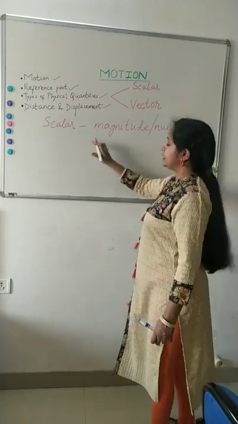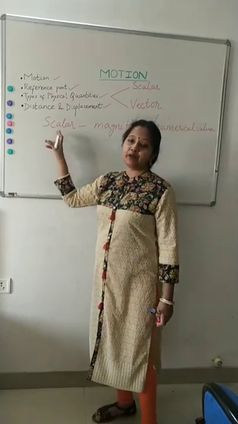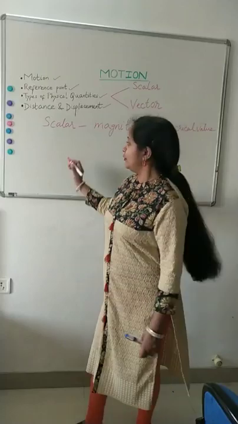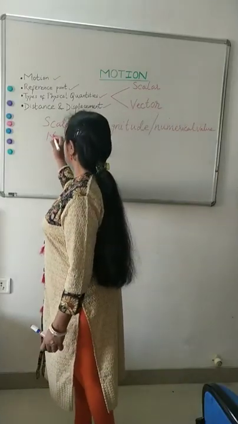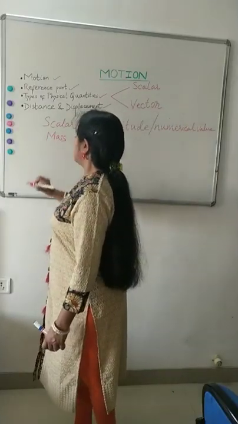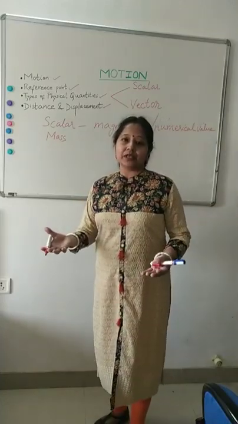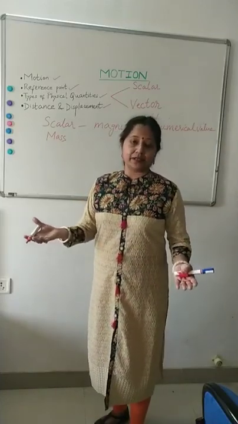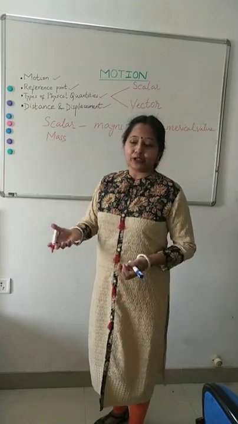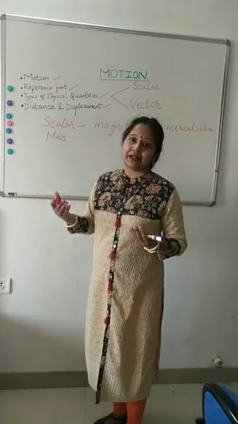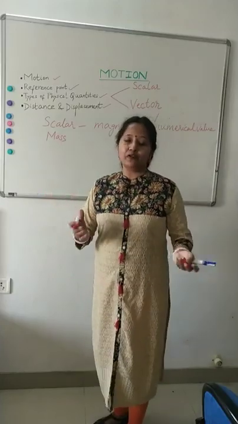So those quantities which are described completely by their magnitude are known as scalar quantities. For example, mass. Mass of potatoes is, let us assume, 5 kilogram. So this says that it is the magnitude of the potatoes, a bag of potatoes.